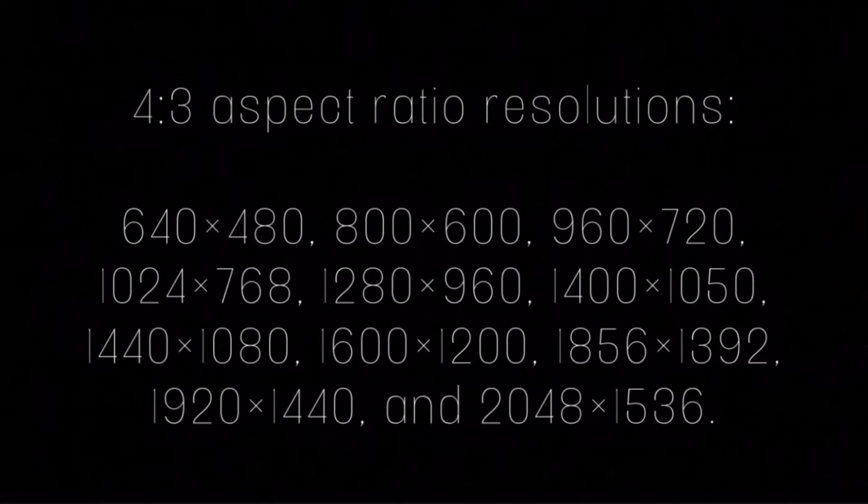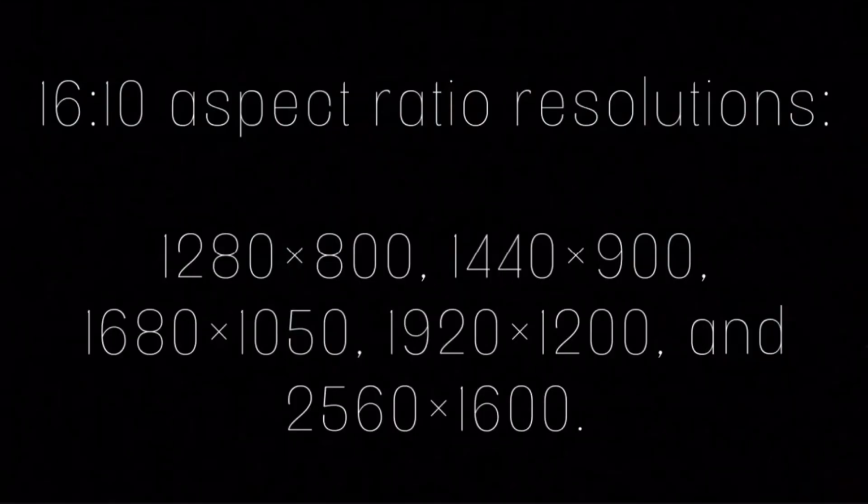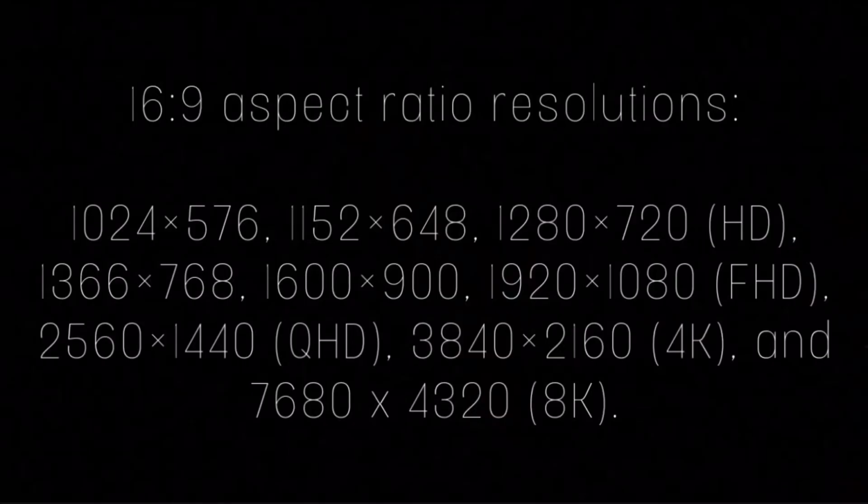Some of the 4:3 aspect ratio resolutions include 640 by 480, 800 by 600, 1280 by 960. 16:10 aspect ratio resolutions include 1280 by 800, 1440 by 900, 1680 by 1050. 16:9 aspect ratio resolutions include 1280 by 720 HD, 1920 by 1080 FHD, 2560 by 1440 QHD, 7680 by 4320 8K.